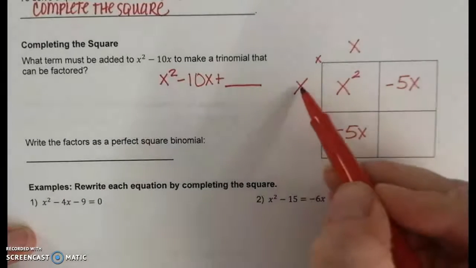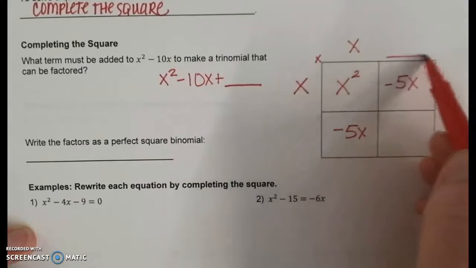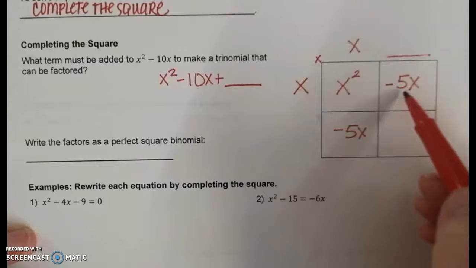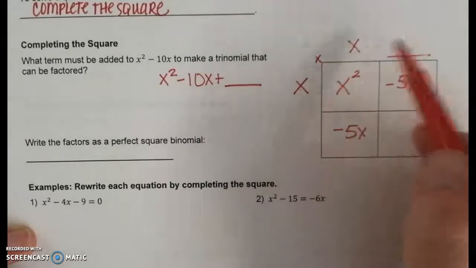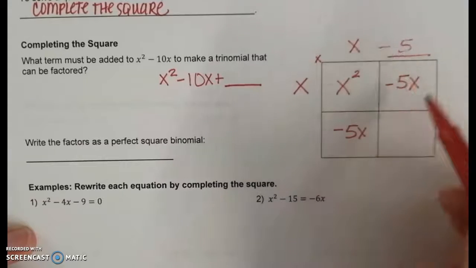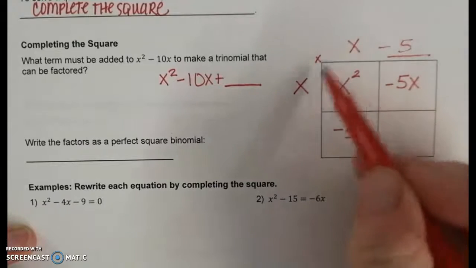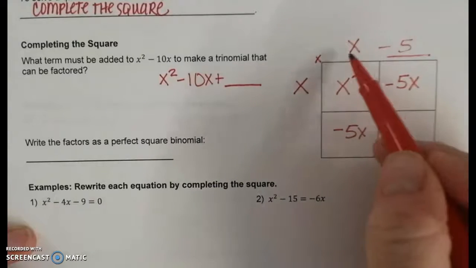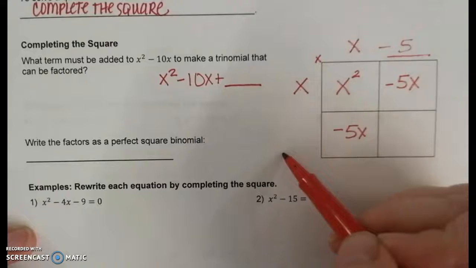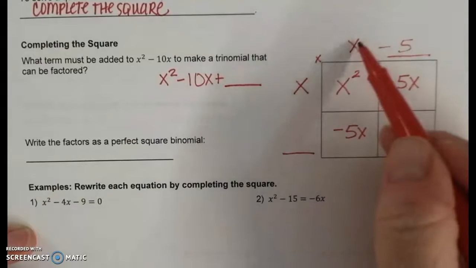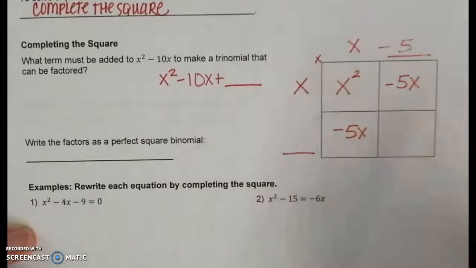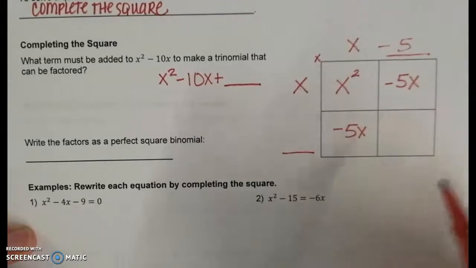And I got to think, x times some number right here is going to give me negative 5x. If I had x times negative 5, that will give me negative 5x. I got to come around and figure out how do I get negative 5x here multiplying on the outside. I need to multiply by some number here. X times what number right here gives me negative 5x.